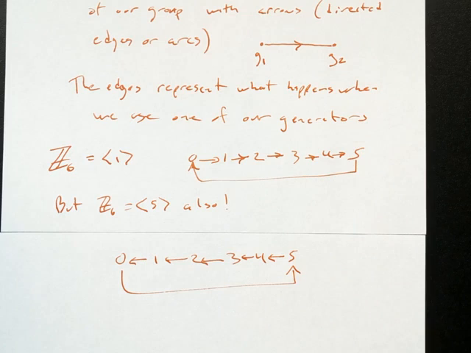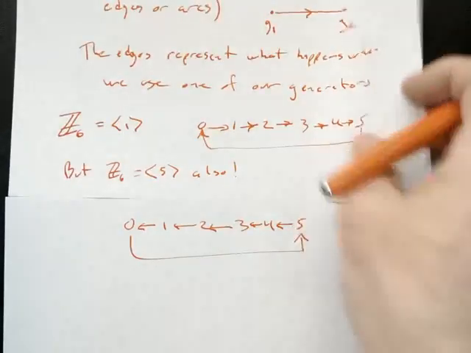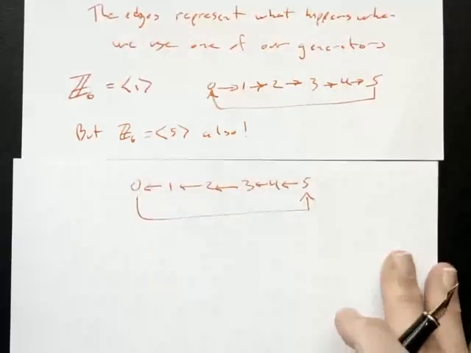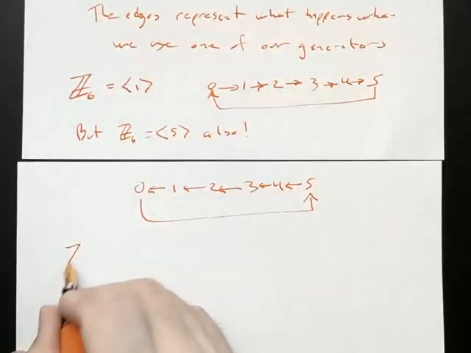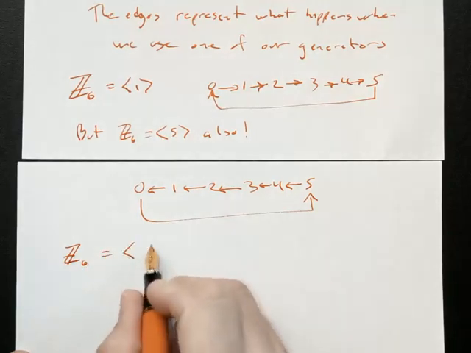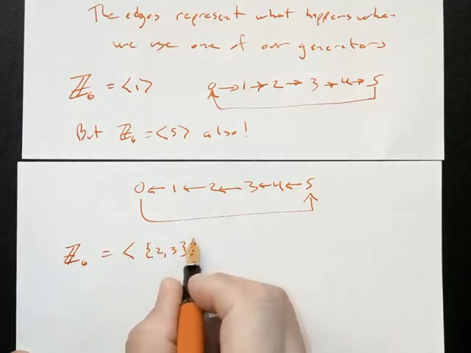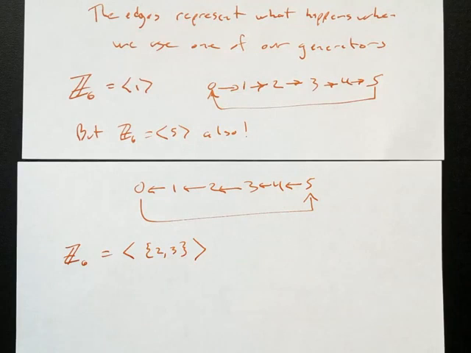What if I change generating sets? We also showed that Z6 could be generated with both 2 and 3, right?